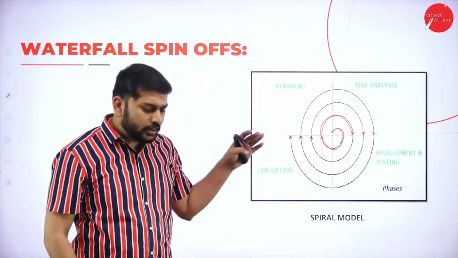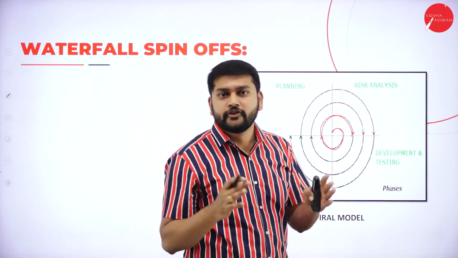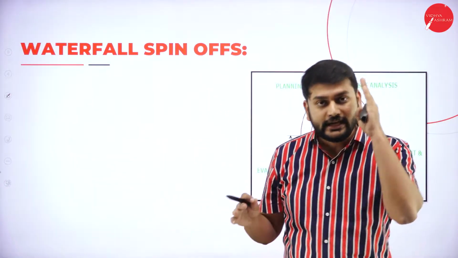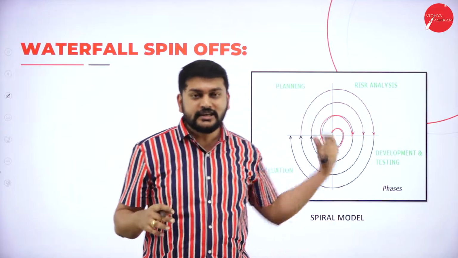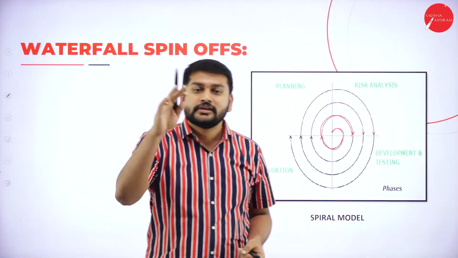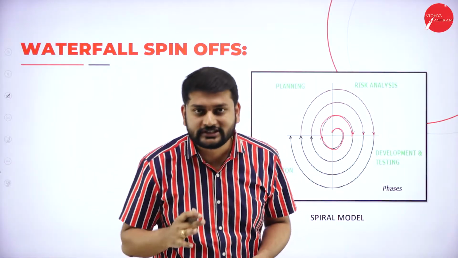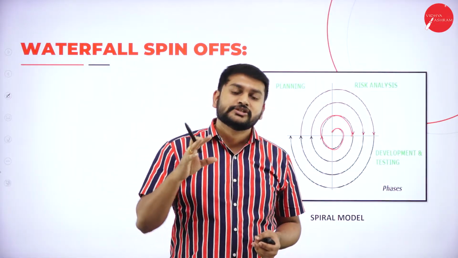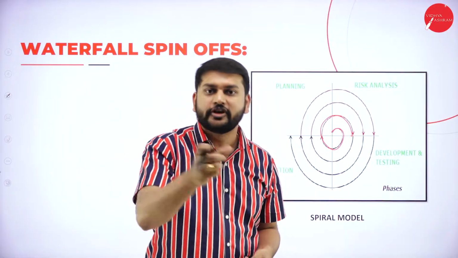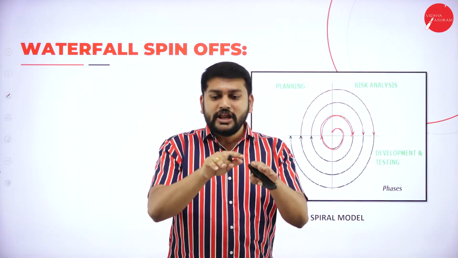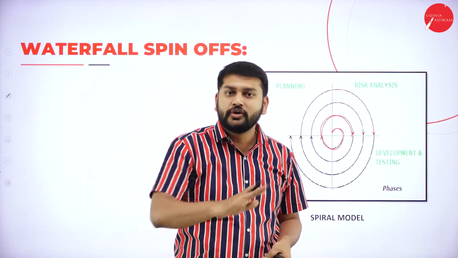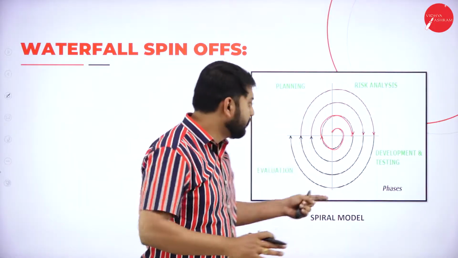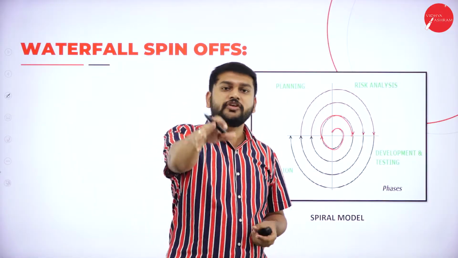So all these models are derived from the waterfall model, and each model, whatever you are seeing here, releases different build sequences or a build series. So every time you get different builds. It is not that you get only one build and you go. No, it is not like that. Say for example, I'm done with one phase and I give it to the customer.